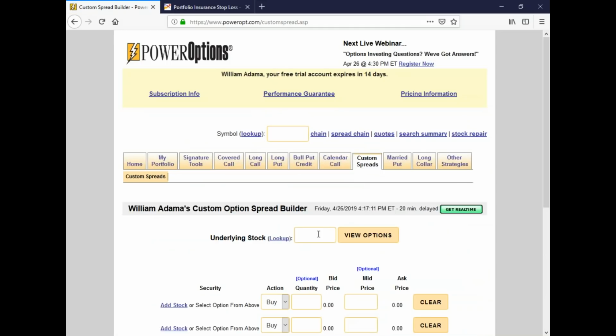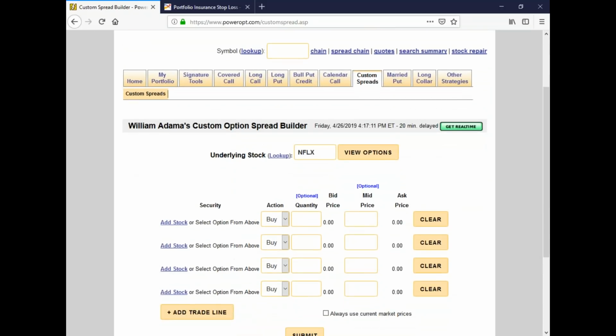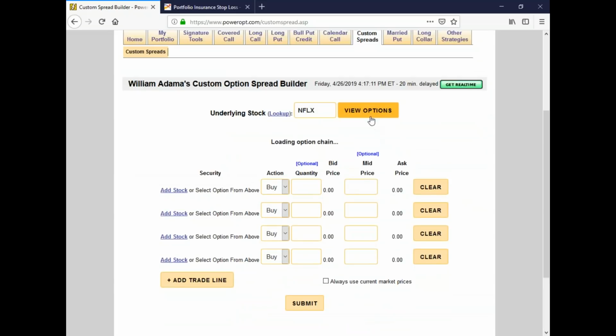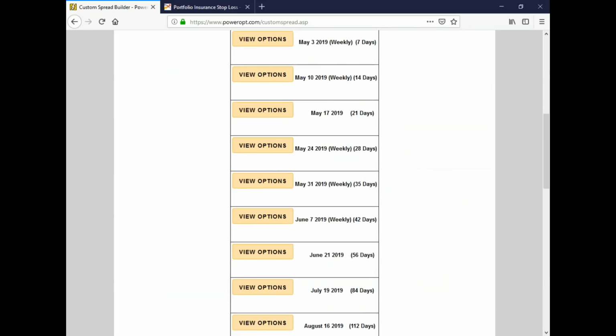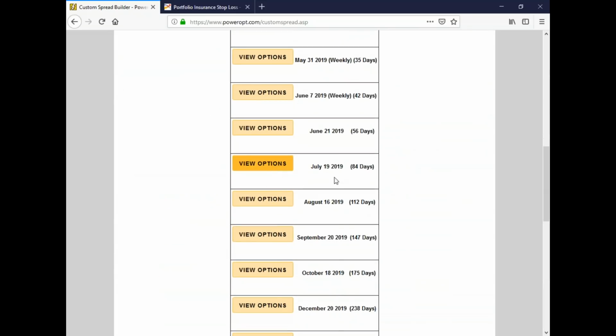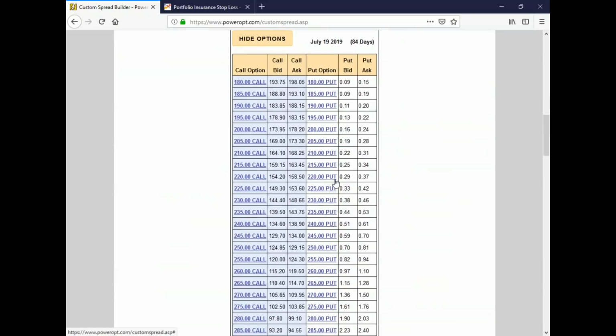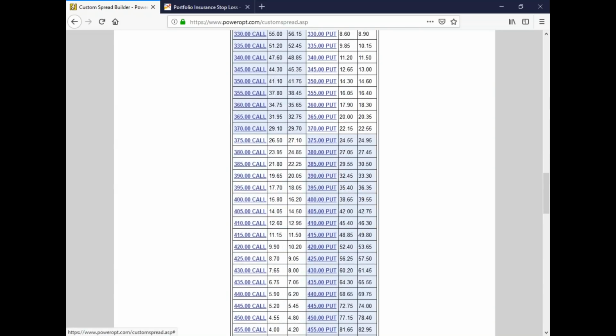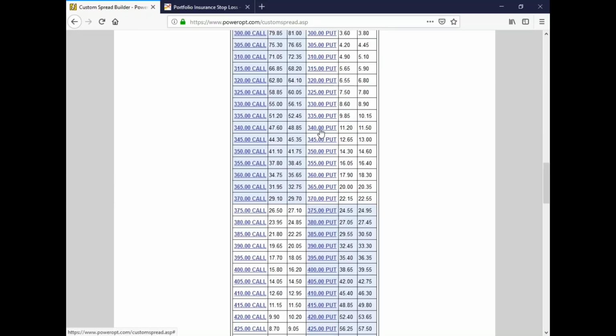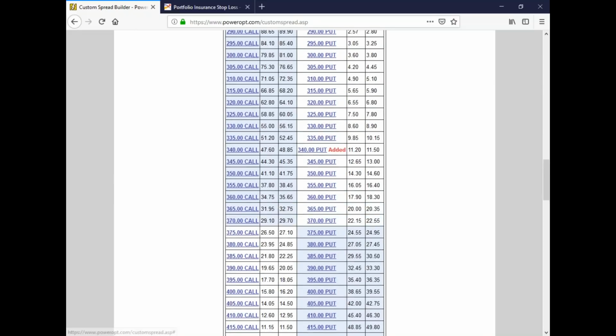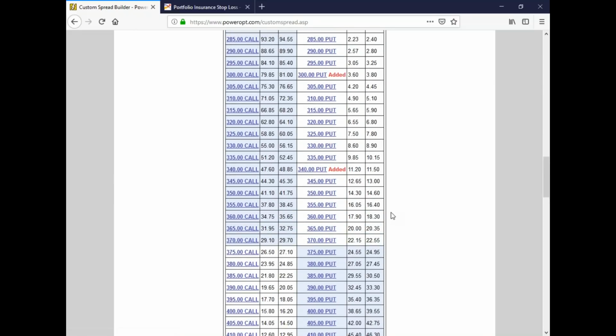So what this structure is, looks to me to be a bear put debit spread. We are going to buy a July 340 put and sell the 300, okay? So right away, my thoughts here is that this is extremely risky but low cost. Why is it risky?